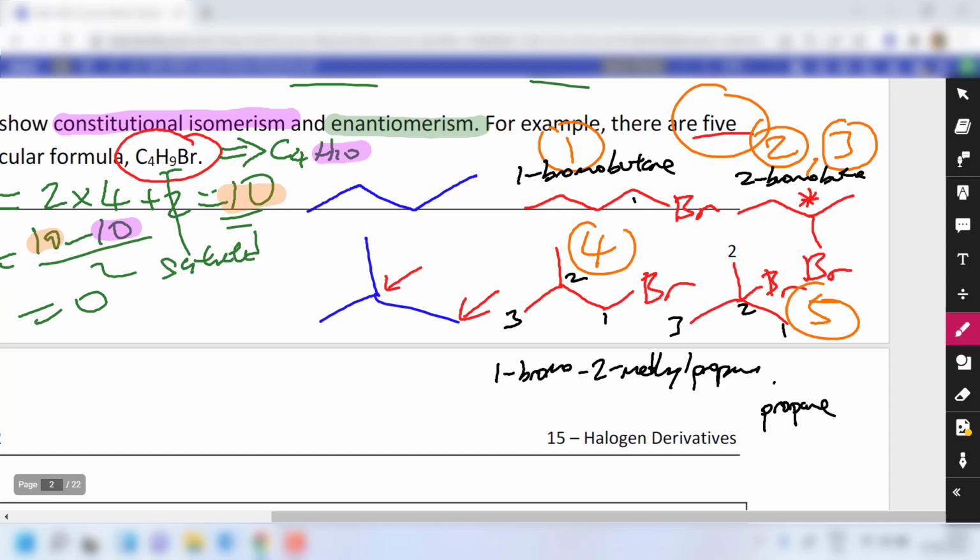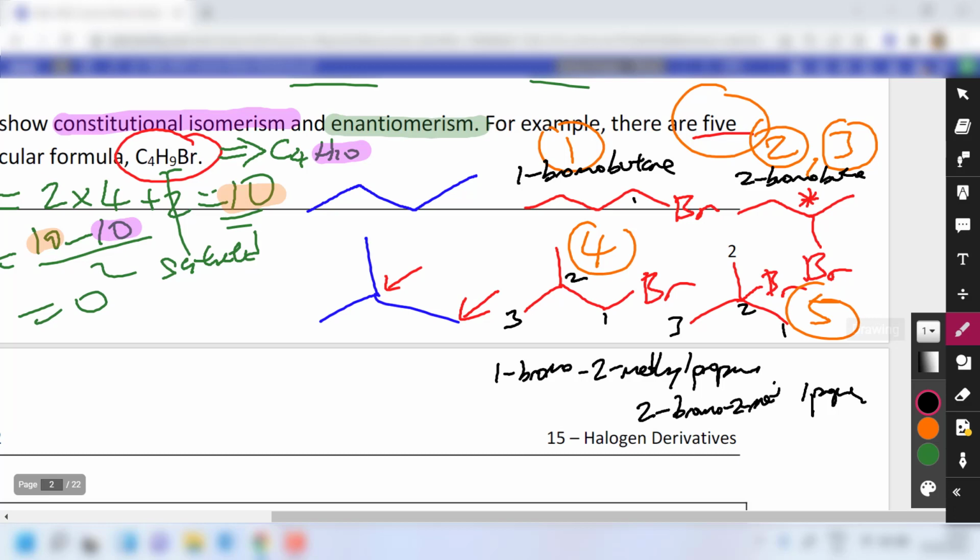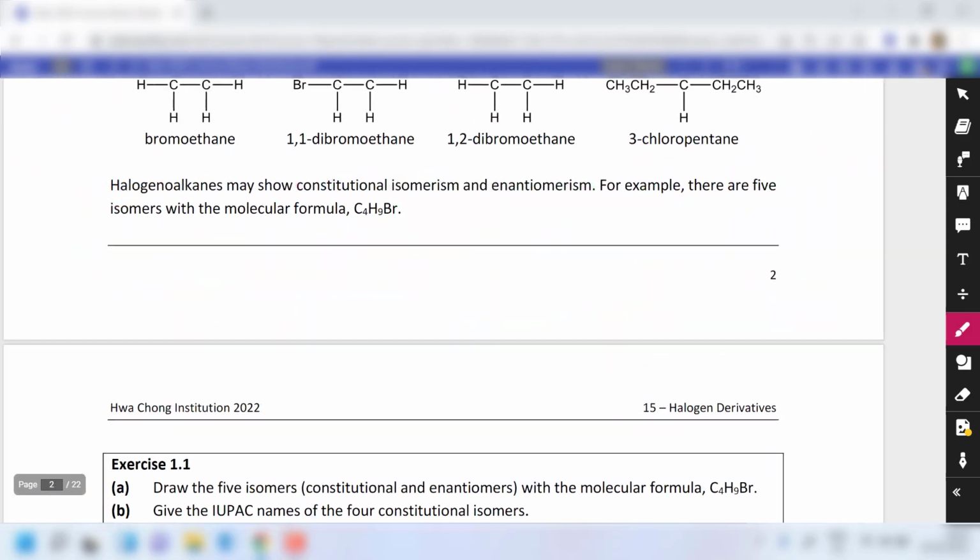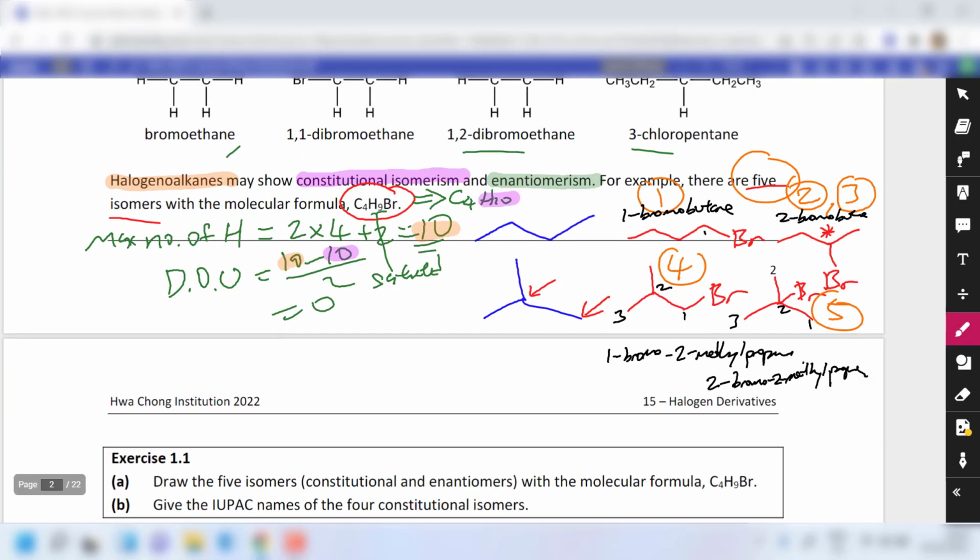Okay, so instead of 1 bromo, now the bromo group is in the second position together with the methyl group, so it's called 2 bromo. Okay, 2 methyl propane. Okay, yeah, so I hope you do find the naming, I won't say intuitive, but it's not too difficult to come up with the names if you are more familiar with organic chem.